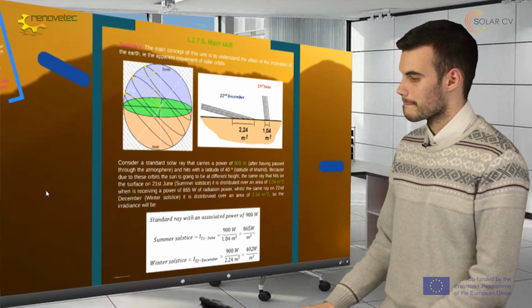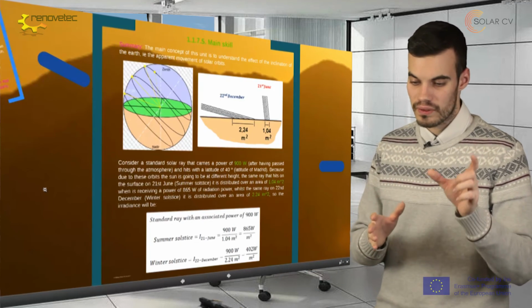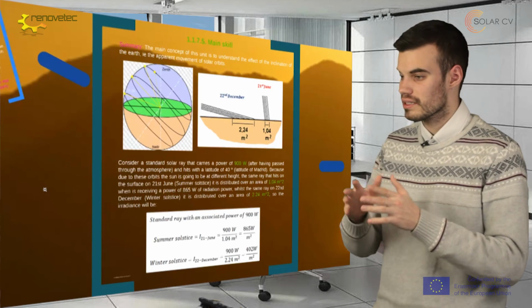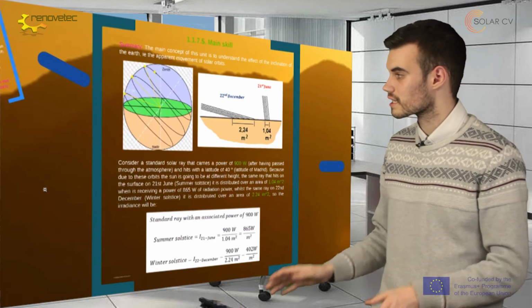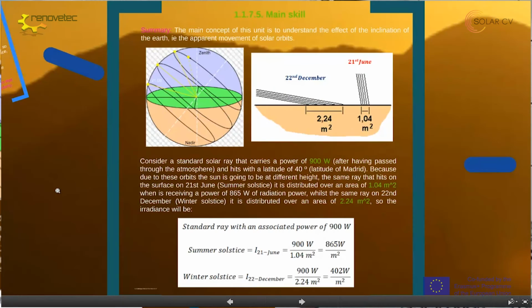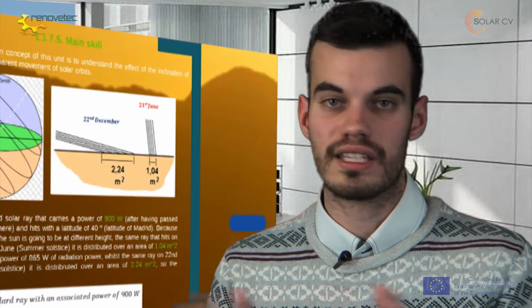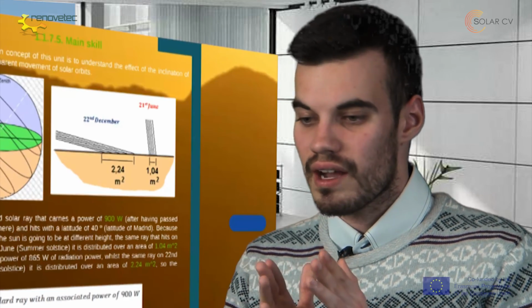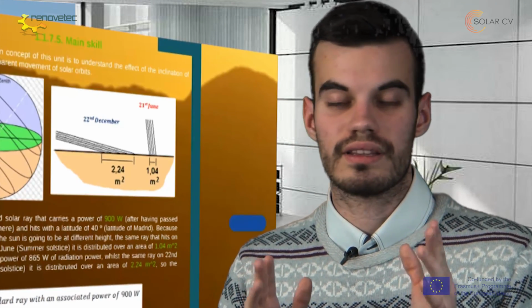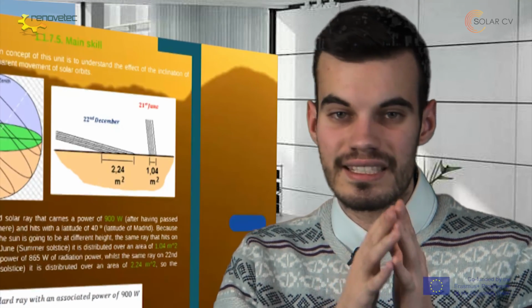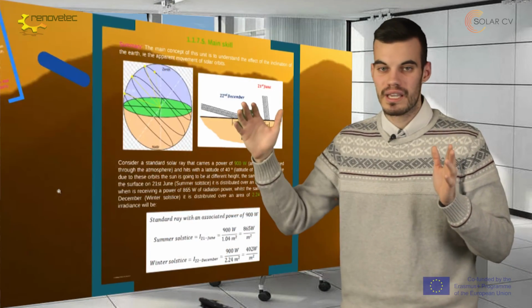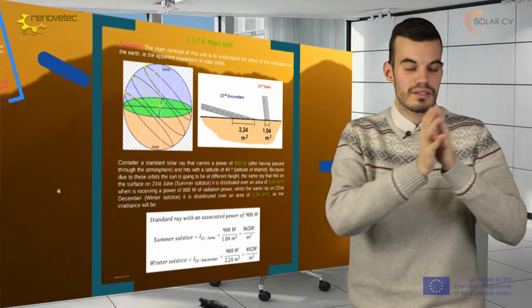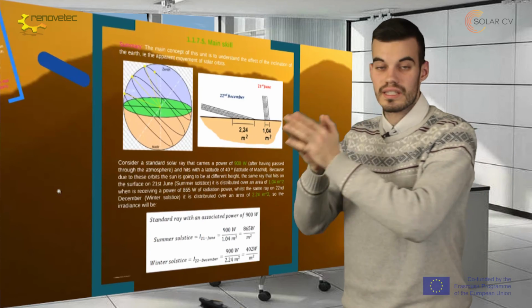Although with the concept of irradiation and irradiance, the different irradiation components, we need to understand in this unit that a solar ray carries the same energy along all year. So if a solar ray carries, for example, 900 watts, this solar ray is going to carry the same energy for the summer solstice and the winter solstice.